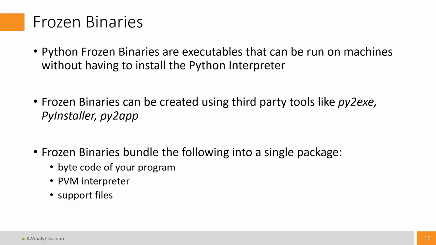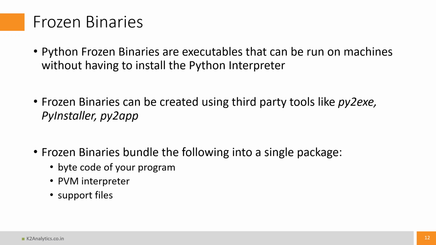Whatever code you have, you can compile it and package it in an executable binary format and give it to the client. The bare minimum libraries and modules required for the code to run, along with the Python interpreter, all get packaged into it.